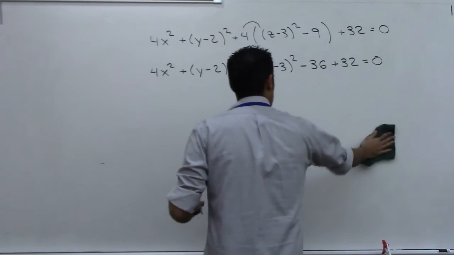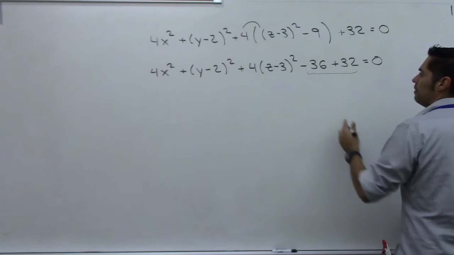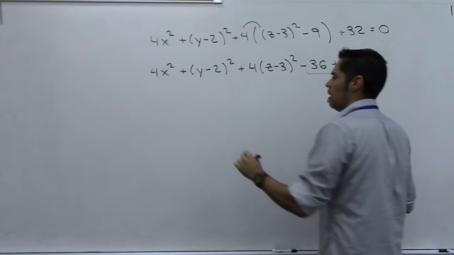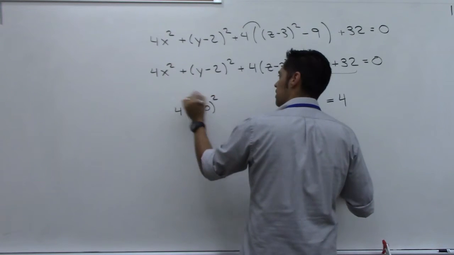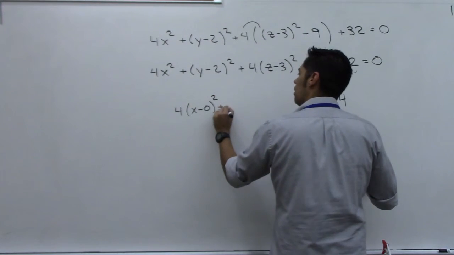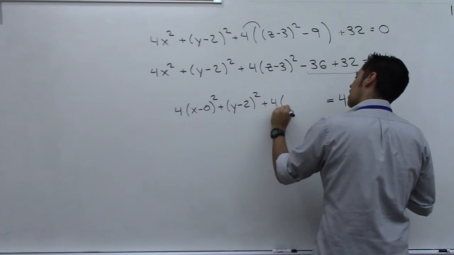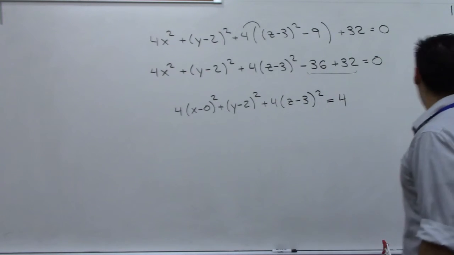And when I put these two together, I get negative 4 and then move it to the other side. So I have 4 equals, and then this is like 4 times x minus 0 squared, that's the same as x squared, plus y minus 2 squared, plus 4 times z minus 3 squared. All right, so now we're getting somewhere.